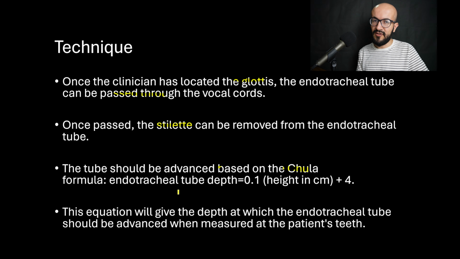The Chula formula states that the endotracheal tube depth should be 0.1 times the height in centimeters, plus 4. The Chula equation will give the depth at which the endotracheal tube should be advanced when measured at the patient's teeth, so you start measuring from the patient's teeth downward.